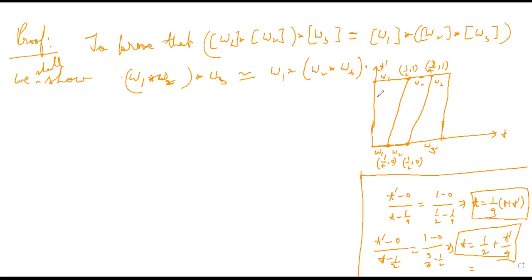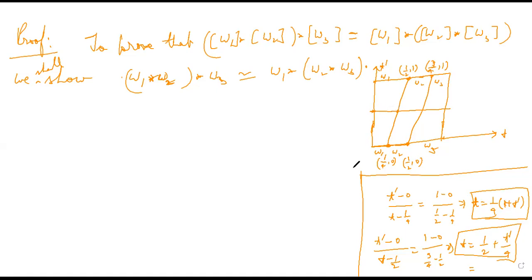Right. So now if you fix t prime, for example this value of t prime you fix, then between 0 and this line, for this t prime, the value of t will be between 0 and 1 upon 4 into 1 plus t prime.